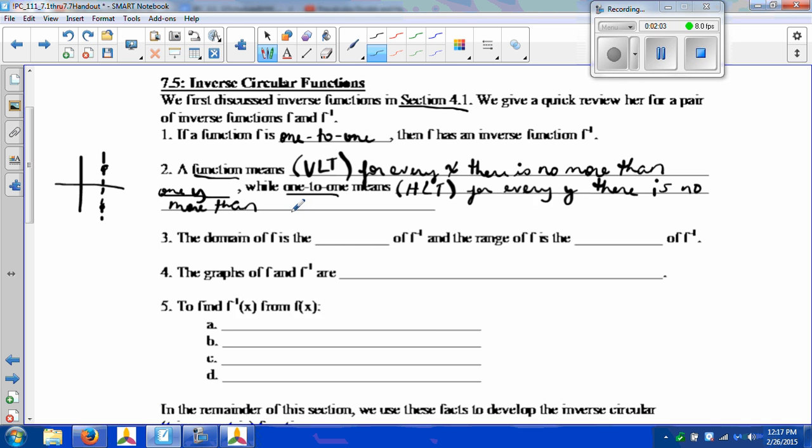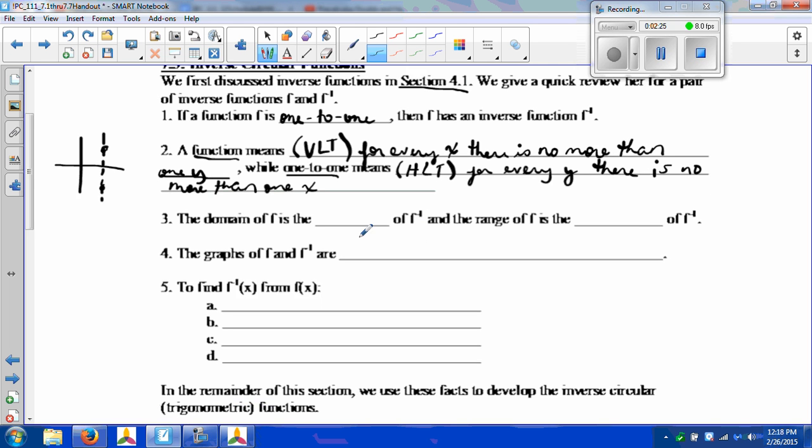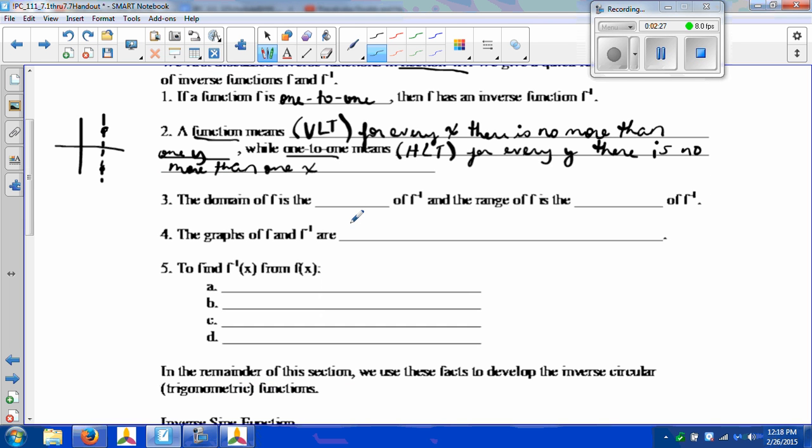Usually we say things with the x input, instead of for every y. So we could say there are no two x's that give the same y would be another way to say it.